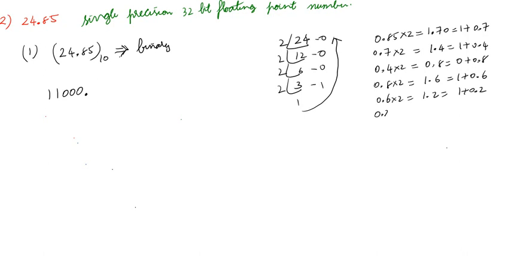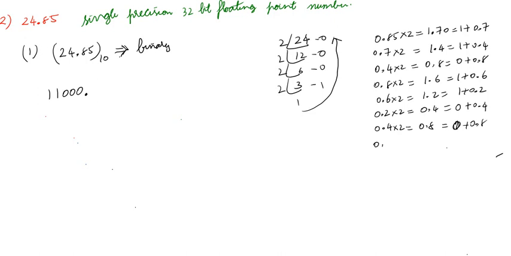Take 0.2 multiply with 2, which is 0.4, which is 0 plus 0.4. Okay, 0.4 multiply with 2, which is 0.8, which is 0 plus 0.8.